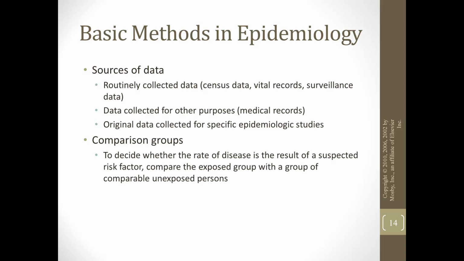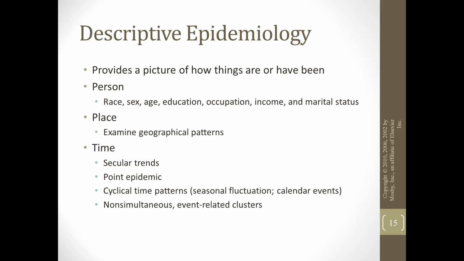So you can compare ER visit rates of people who live in the desert, particularly on a windy day, to those who may not be in the desert on the windy day, or even compare windy days within the desert and non-windy days. So you can take a look at comparison groups and see, is there a difference in their disease rate and susceptibility.